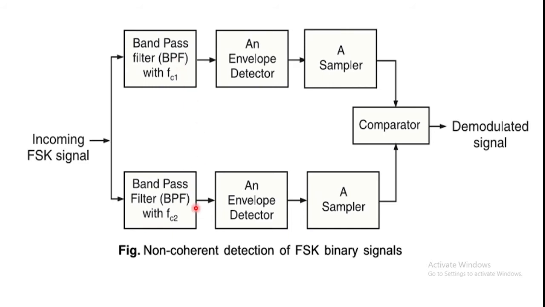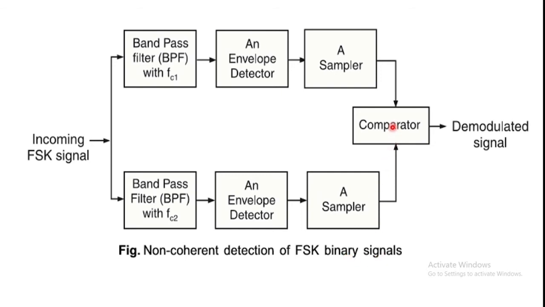Each bandpass filter is followed by an envelope detector. The resulting outputs of the envelope detectors are sampled and then compared with each other. The arrangement for non-coherent detection of FSK signal has been shown in this figure, and this is the figure of non-coherent detection of FSK signal.